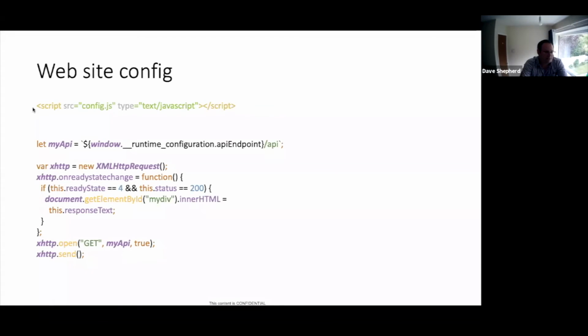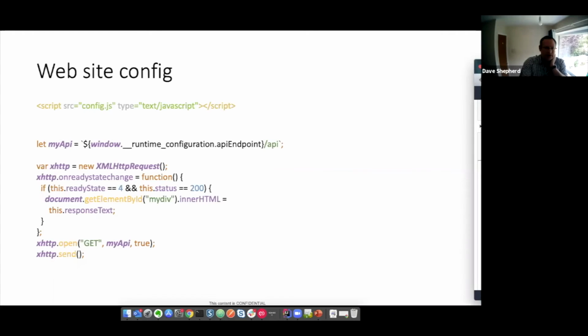In my HTML page, I have a reference to that as a relative URL. It pulls back config.js, which sets the value of this API endpoint, and then I can invoke that API endpoint and populate an element in my HTML with a value, which I will demonstrate to you now.